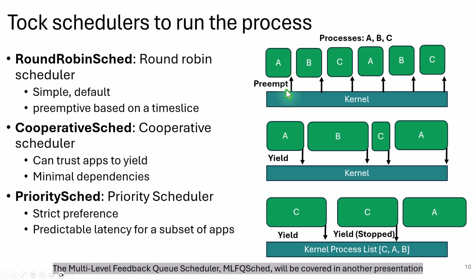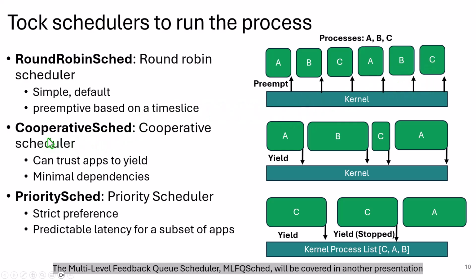What that does is the kernel will preempt a process. Here we have three processes, A, B, and C, and they're running. They each get a fixed time, and then they just repeat. So it makes sure everybody has a fixed amount of time and bases fairness on that.